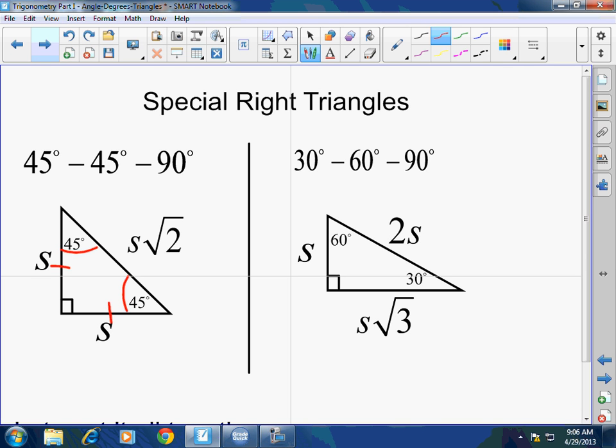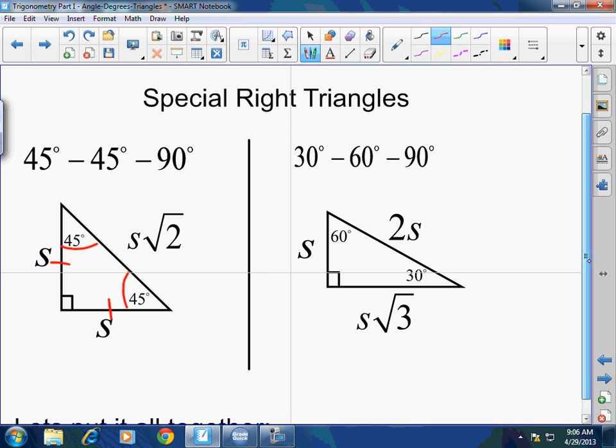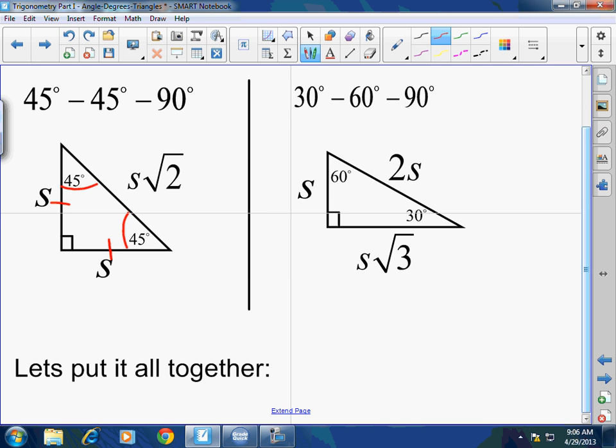Since 2 sides are equal, we're going to call the sides S and S. The hypotenuse of a 45-45-90 is always the side length times the square root of 2.